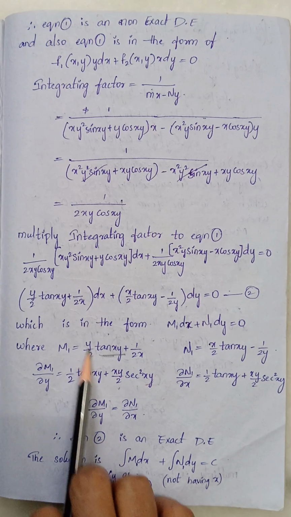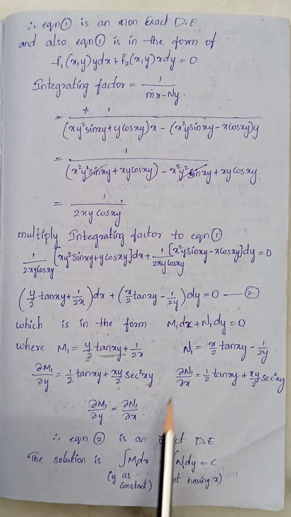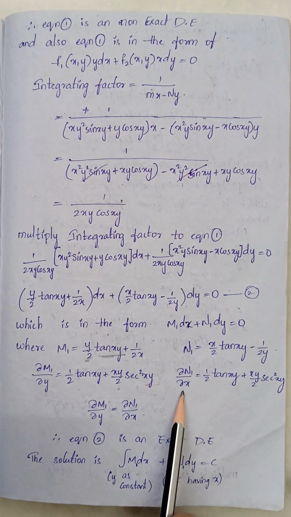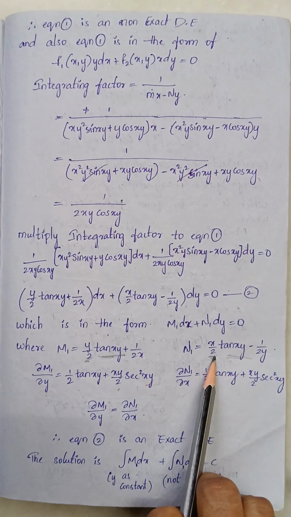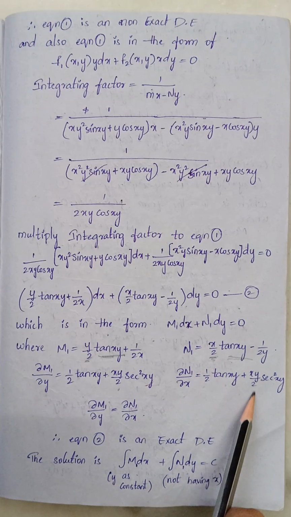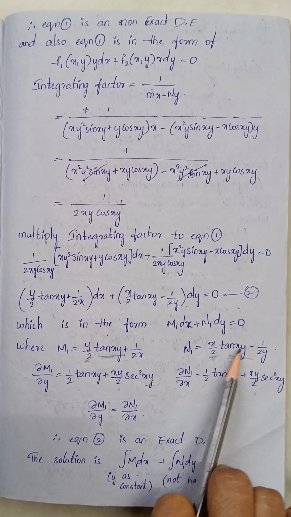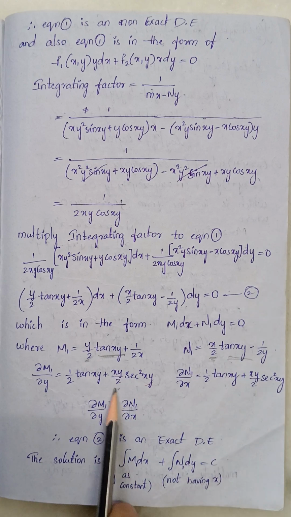So we have y by 2 into secant square xy into x. Now dou n1 by dou x means with respect to x, here it is a function, it is also a function. U dash means 1 by 2 into v plus u into x by 2 into v dash, meaning secant square xy into the derivative with respect to x, which is y. So y here. So both are equal.